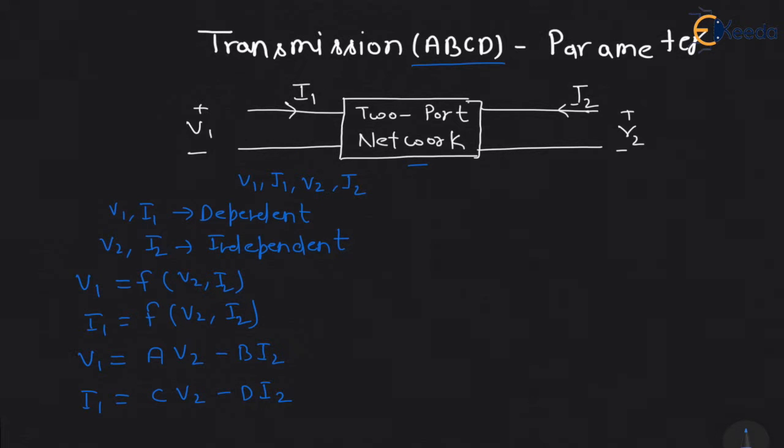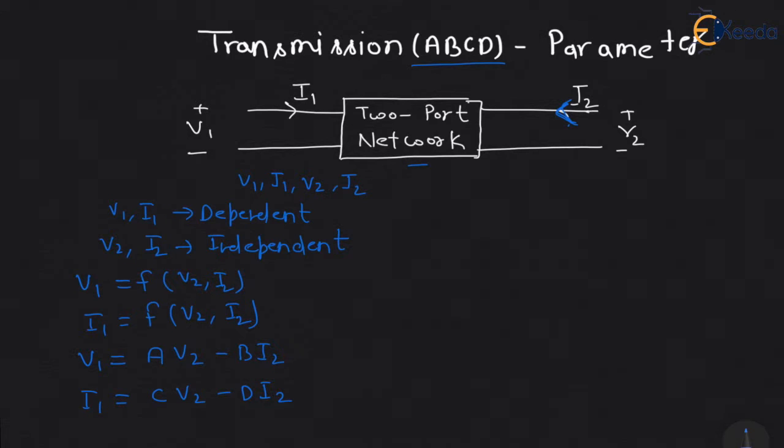Here we need to consider one point, that is, if I2 is outward, then here it is minus. We need to consider if I2 is inside to the two-port network, then here it is plus.